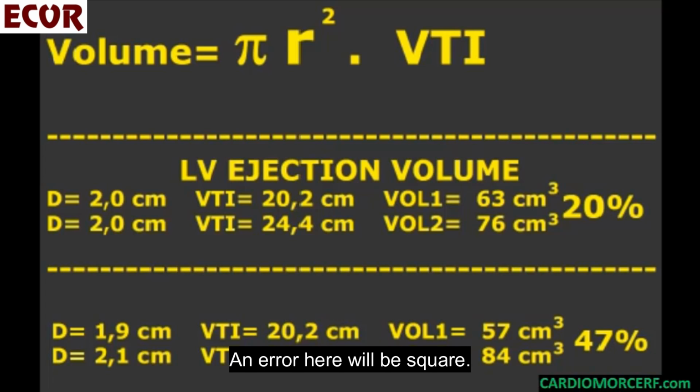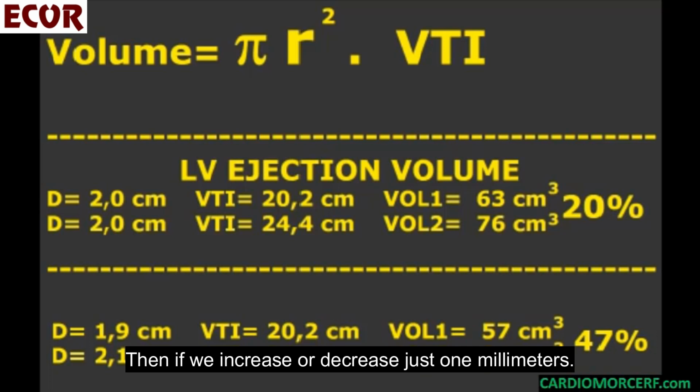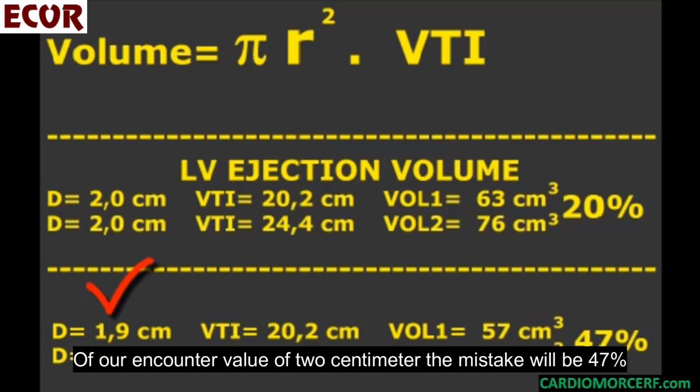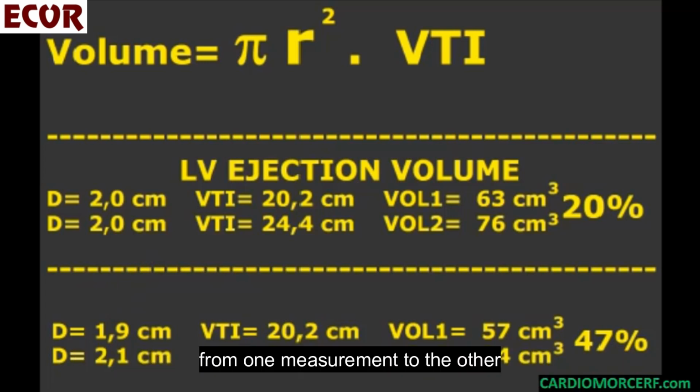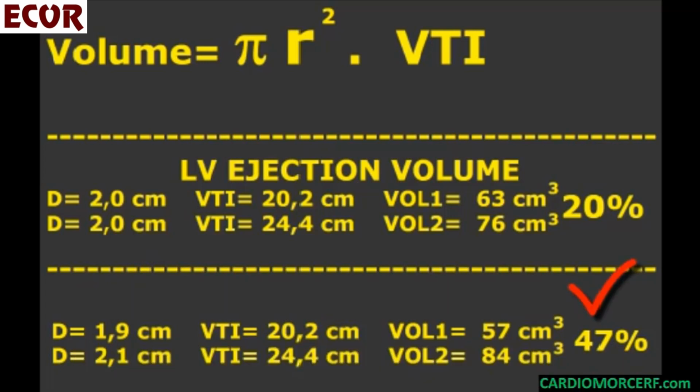An error here will be squared. Then, if we increase or decrease just 1 millimeter of our encountered value of 2 centimeters, the mistake will be 47% from one measurement to the other.